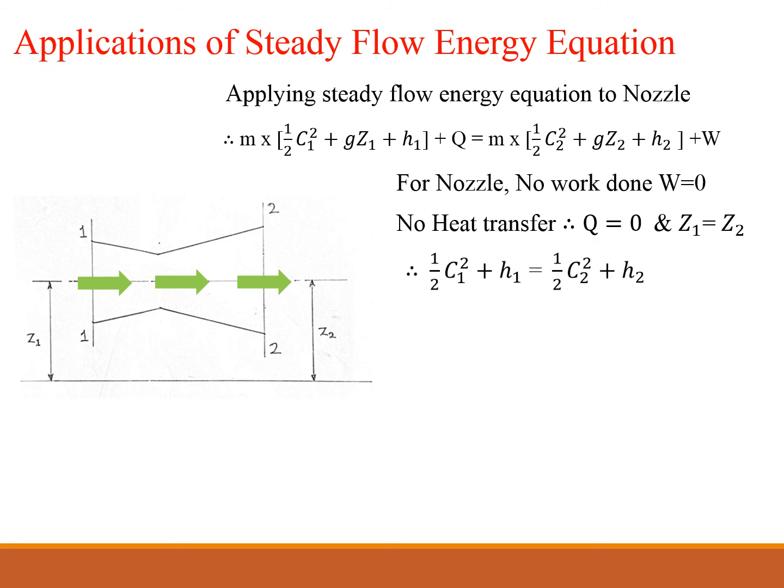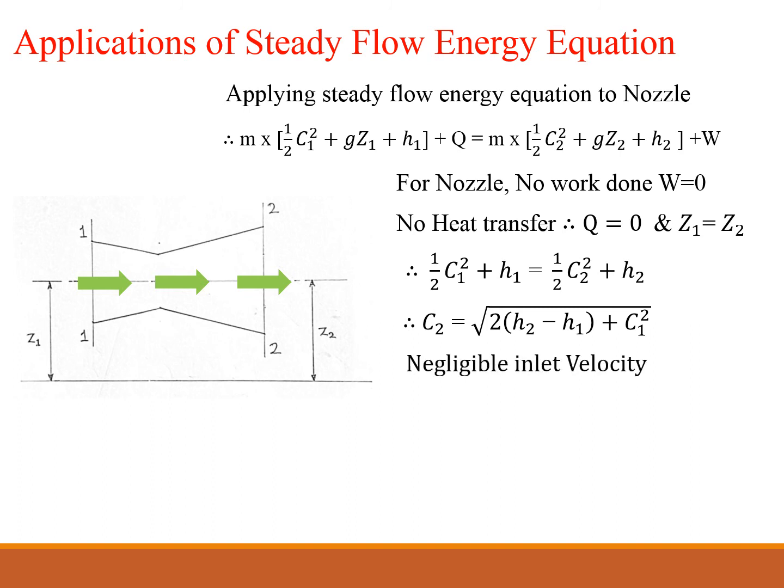Mathematically we can derive the equation half entrance velocity square plus h1 is equal to half exit velocity square plus h2. From this equation, C2 is equal to the square root of 2 into bracket h2 minus h1 plus c1 square.